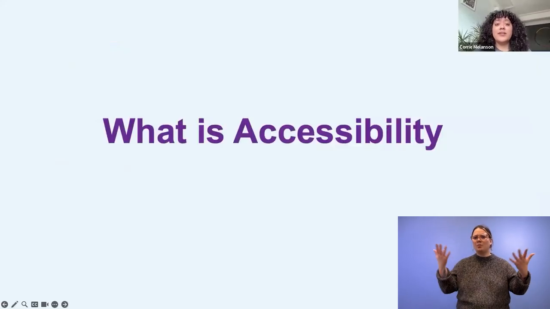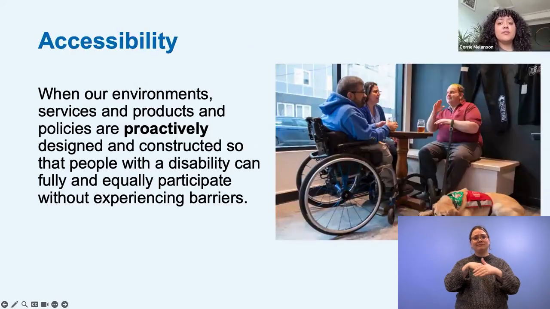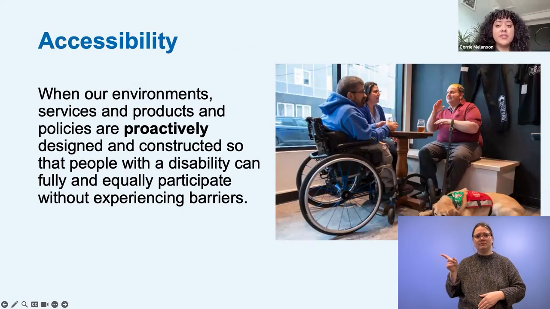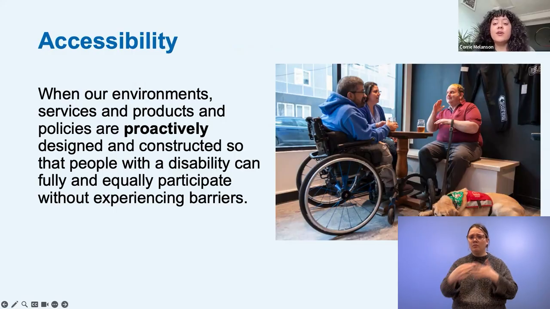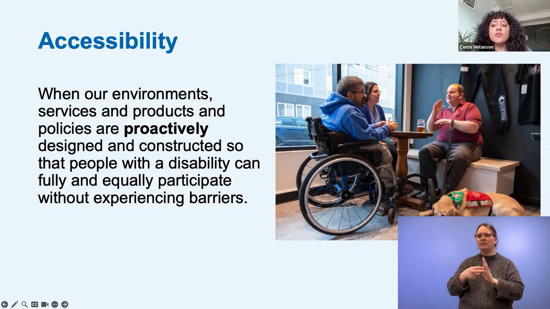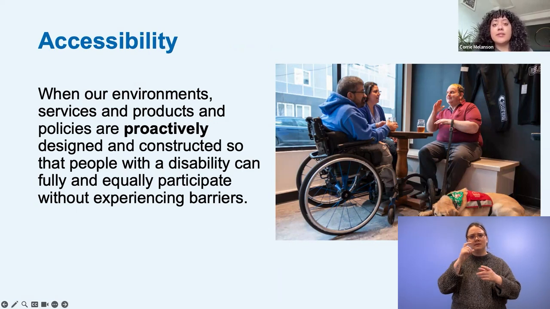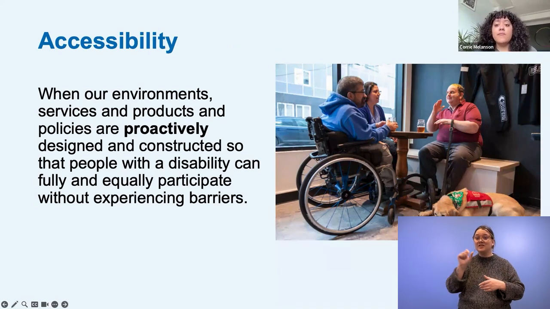So what is accessibility? So accessibility ensures people with disabilities are not excluded from experiences, benefits, opportunities, and choices in life. So an example of accessibility would be including alternative text when using images, so that screen reader users do not miss necessary information, or ensuring that events include ASL interpretation and captioning.